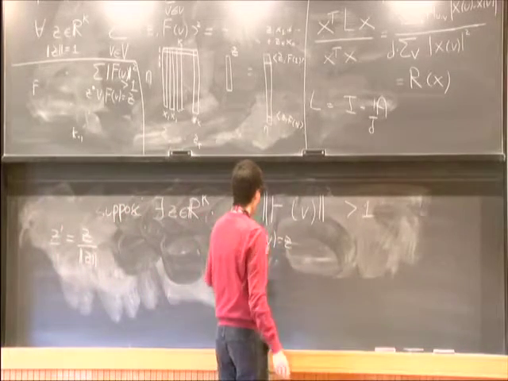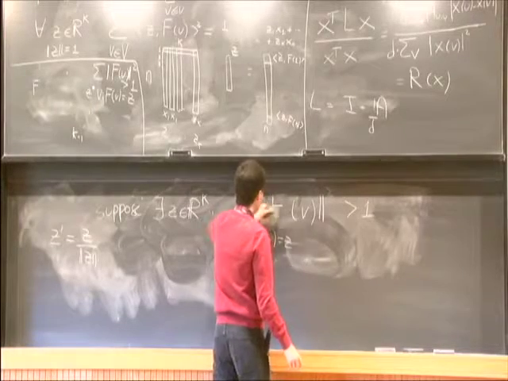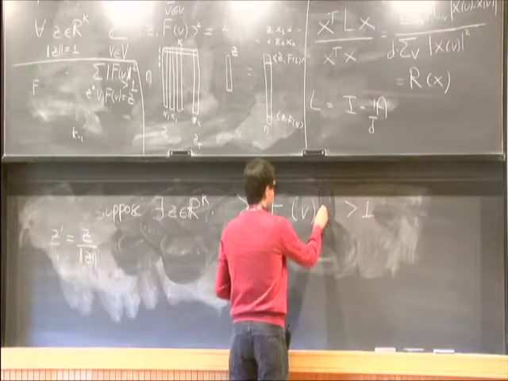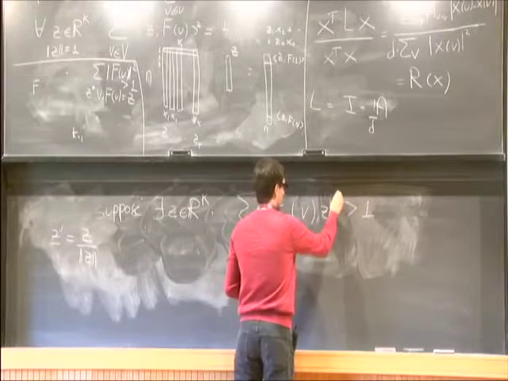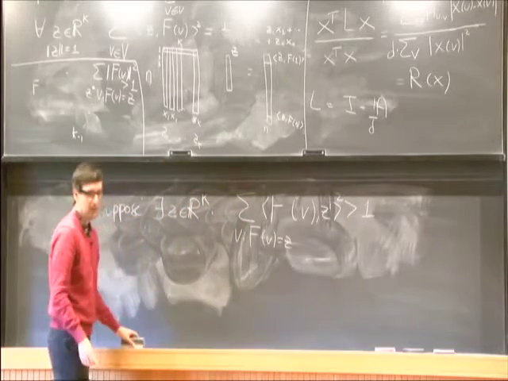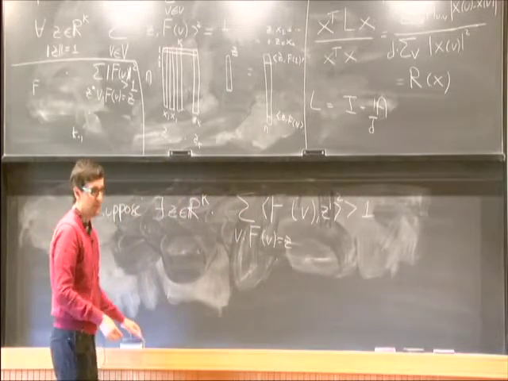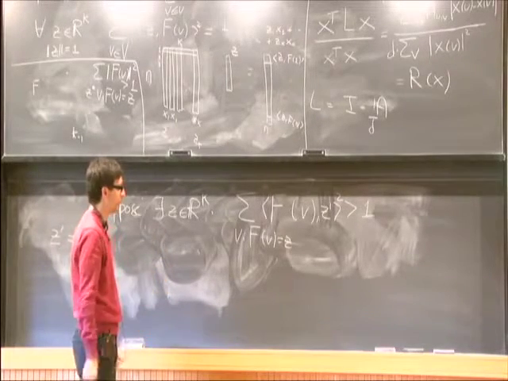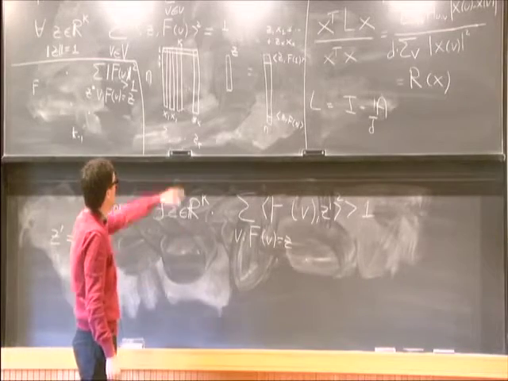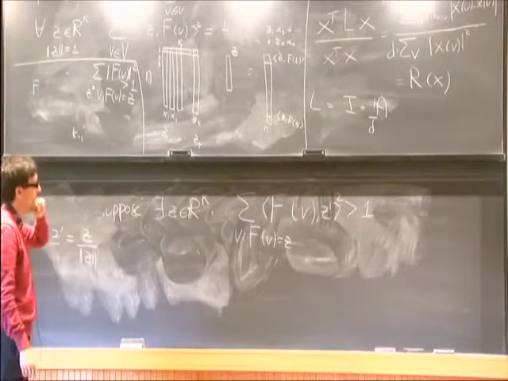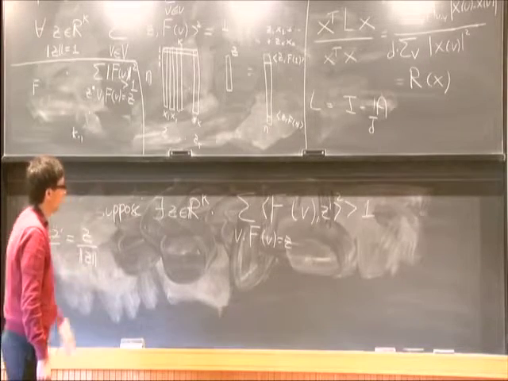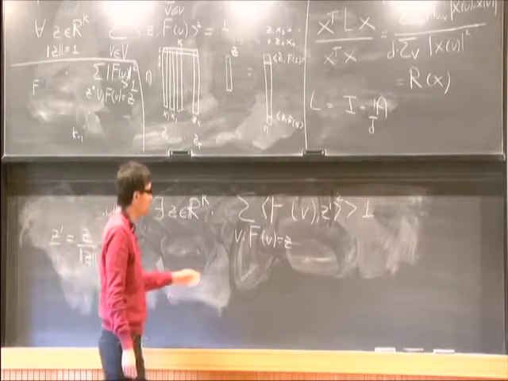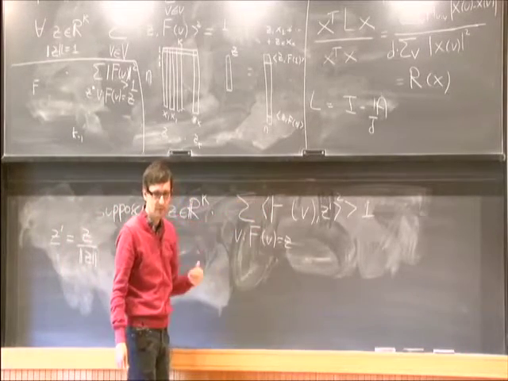Then this norm square is the same as this inner product square, because when you take the inner product of a vector by its direction, you get its norm, and then you square the inner product and you get the norm square. But that's in contradiction with the isotropy condition, because that condition says that the sum over all vertices has to be 1, and here even just the sum over a subset of vertices is already bigger than 1.